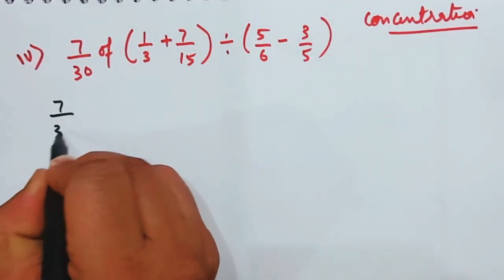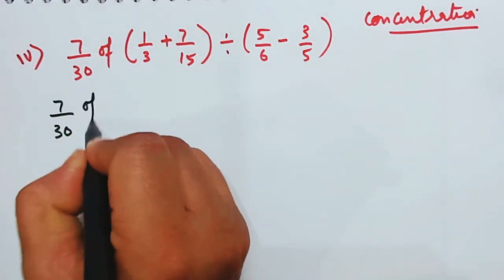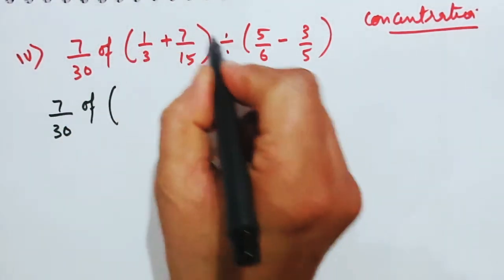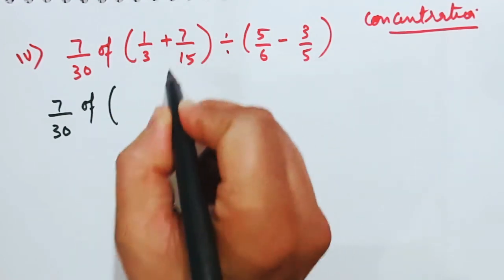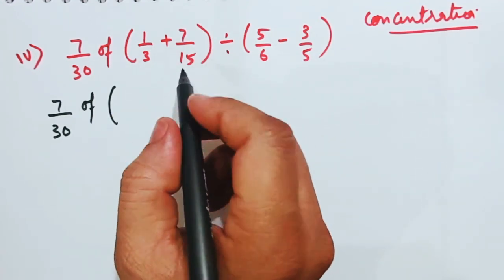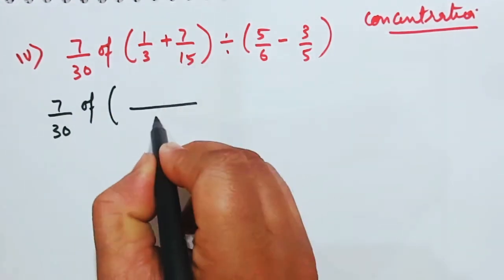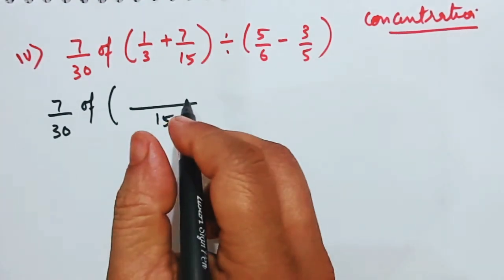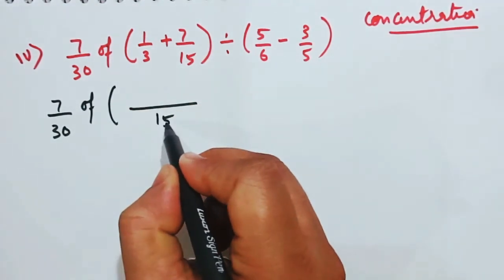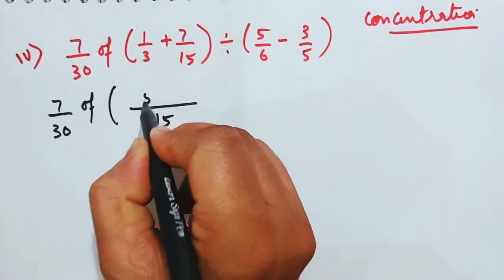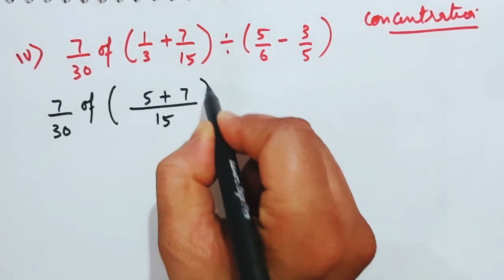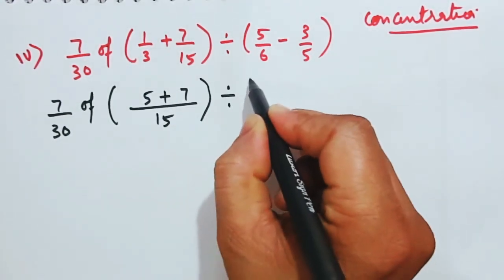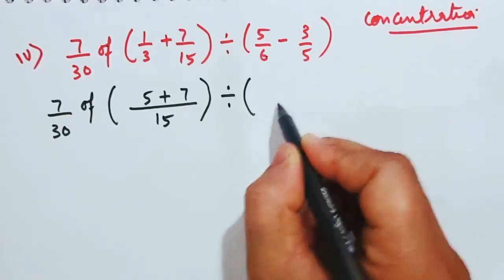7 by 30. See, off is over here. Let it be. You will have to solve this portion first. And how could you solve this? LCM is equal to 15. 3, how many times? 3 5s are 15. 5 plus 7, divided by LCM of 6 and 5.